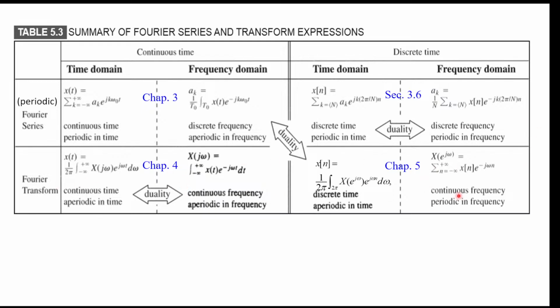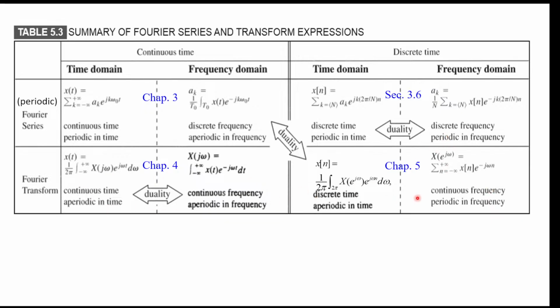And then lastly, there is the discrete-time Fourier transform, which transforms a discrete-time signal to a continuous signal in the frequency domain. Because the input signal is discrete time, in the frequency domain we have big X of e to the j omega being periodic with period 2 pi with respect to omega.